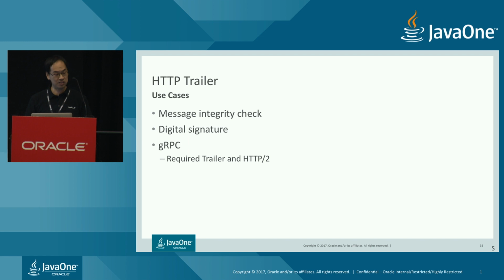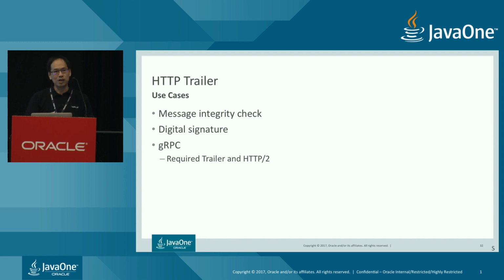It's called gRPC, which is an RPC protocol developed by Google. And this protocol requires two things. They require HTTP 2, and they use the trailer field. And in fact, this feature was requested by the user from the EG discussion, and they brought up, they said, oh, we need to support the trailer field. So this is a good example of cooperation between the expert group and us.